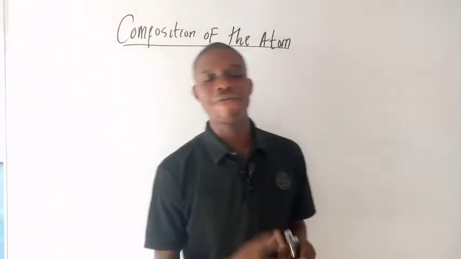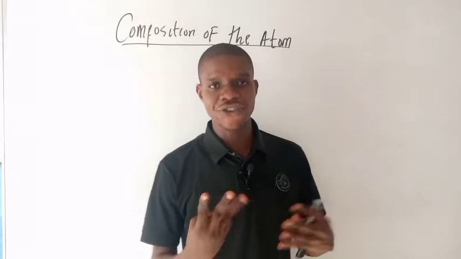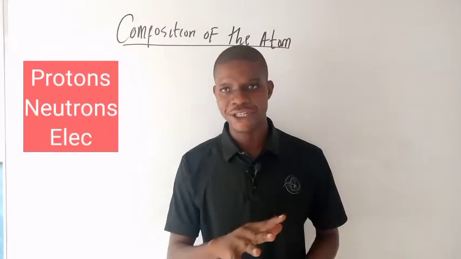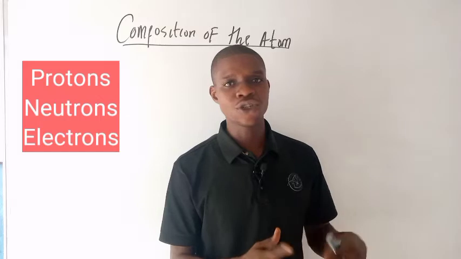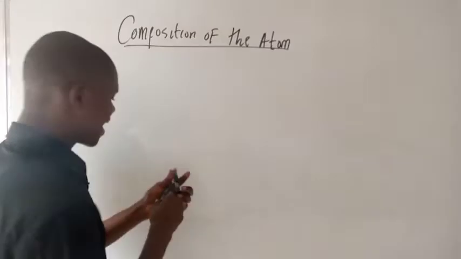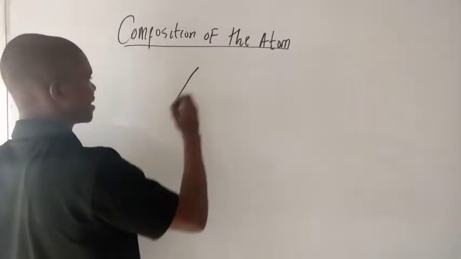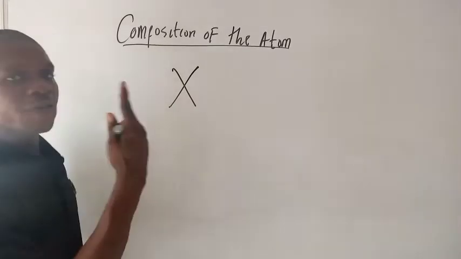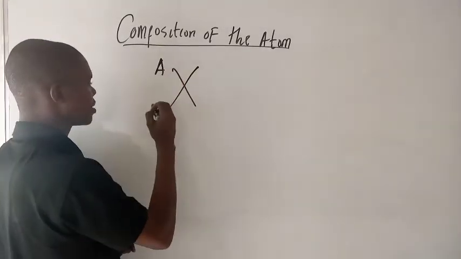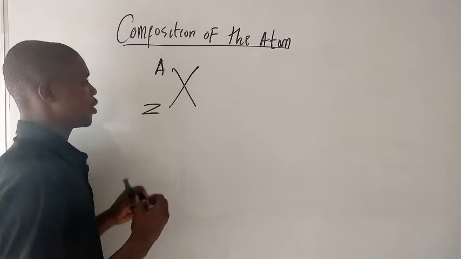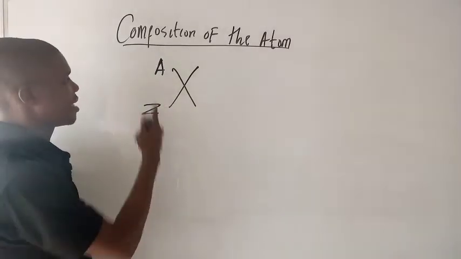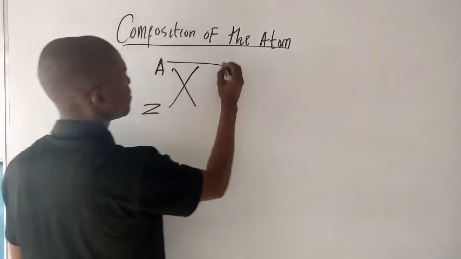In the theory of the atom, it is made up of three fundamental parts, which are the proton, the neutron, and the electron. I'm not going into detail on the history here. Whenever an element X is given to you, there are two visible things you will see: here we have the A, and here we have the Z. Every element in the periodic table will have A and Z. A is called the mass number.